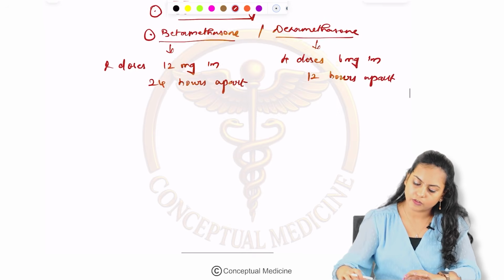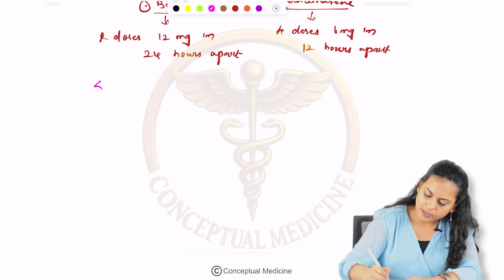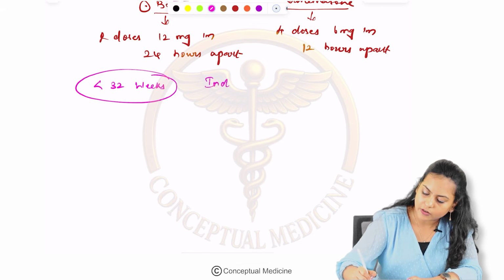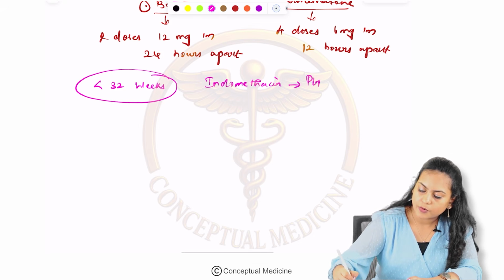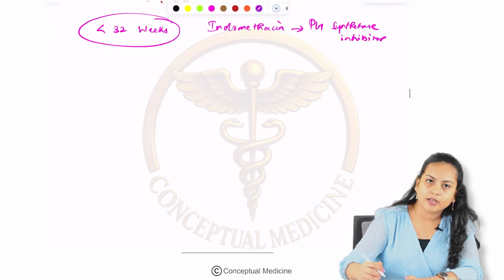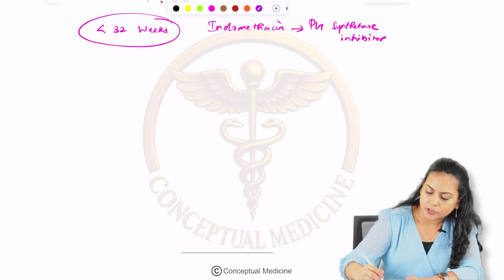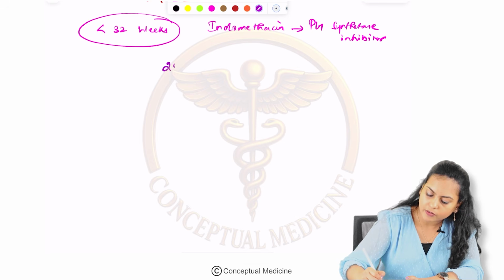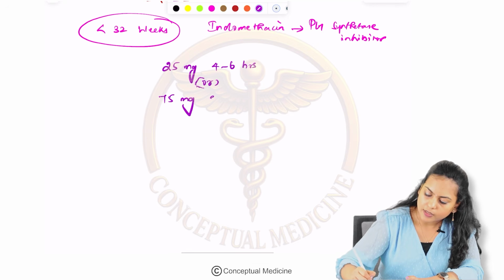Okay. Suppose if the pregnancy is less than 32 weeks, in this case, you can give a drug called indomethacin, which is a prostaglandin synthetase inhibitor. This drug can be given in 2 kinds of regimens. Number 1, where you can give 25 mg dose every 4 to 6 hours apart. Number 2, you can give it as a 75 mg dose every 12 hours apart.